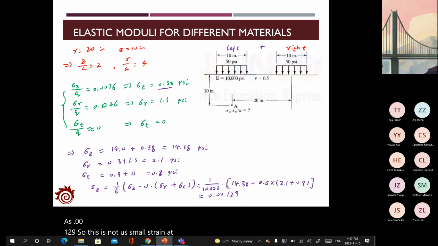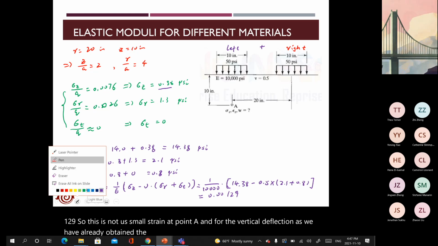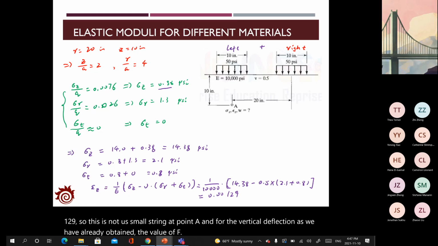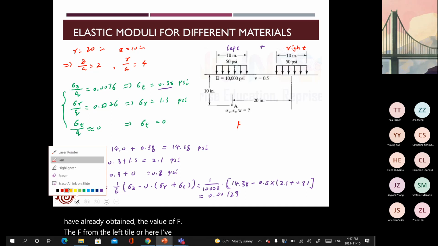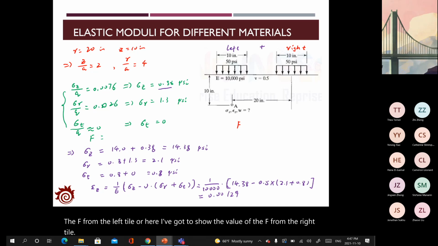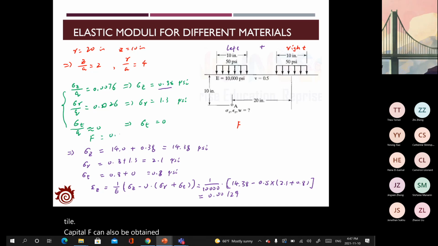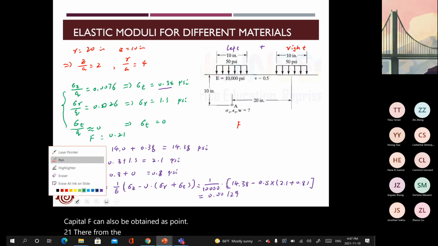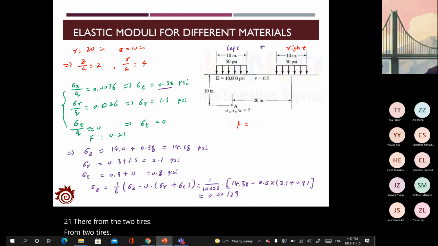And for the vertical deflection, as we have already obtained the value of F from the left tire, or here I forgot to show the value of the F from the right tire. Capital F can also be obtained as 0.21. Then from the two tires, the F value is 0.68 plus 0.21, that is 0.89.